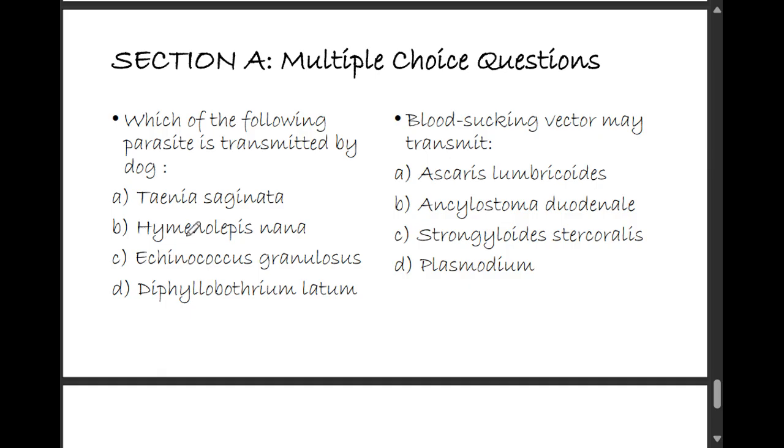Then you also have this one here on B. And then C is Echinococcus granulosus. Then D, you have this frightening term. What are we going with on question 3?